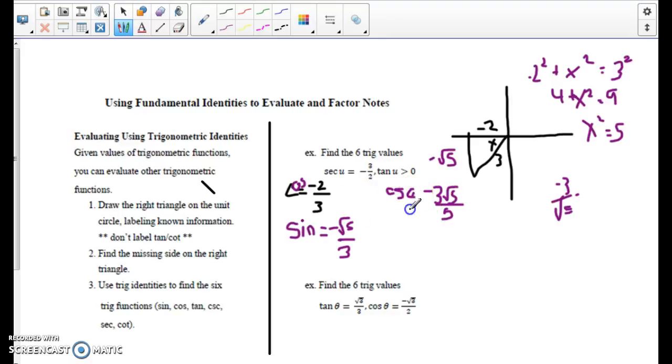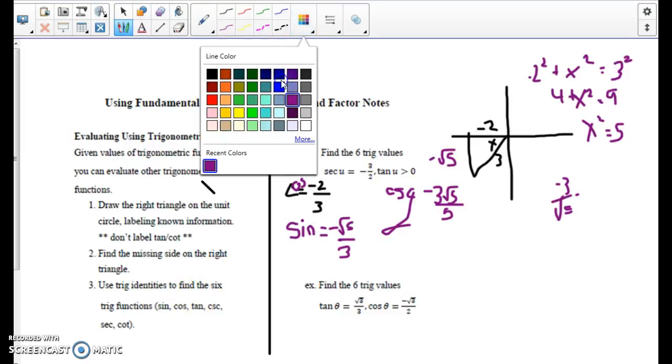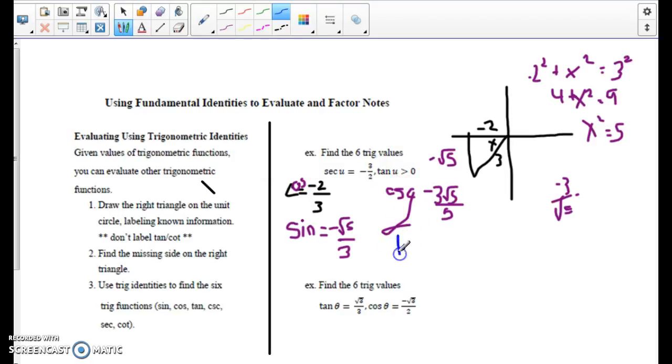From there, I'm going to use the trig identities to find the 6 trig functions. So I've got to find my tangent. Tangent is opposite over adjacent: negative root 5 over negative 2, in which case the negatives cancel.